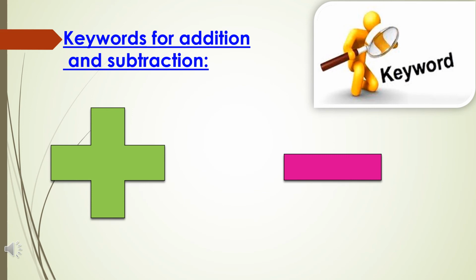So we have some keywords for addition and subtraction. For addition, we have sum, all together, total. And in subtraction, we have left, difference, less than, more than, take away. They are our keywords for addition and subtraction.